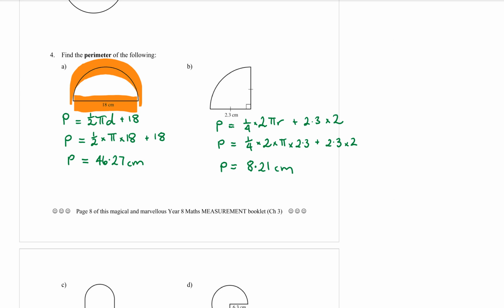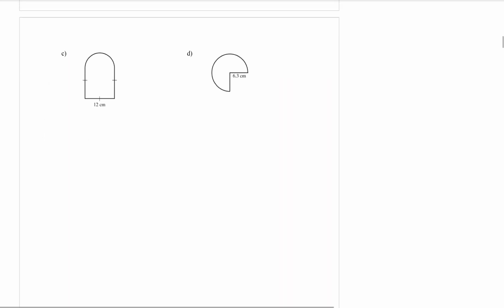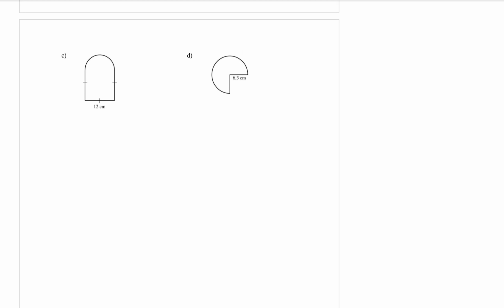Okay, there's a few more of these on the next page. To find the perimeter for question C, I always like to start with the curved part of the shape. So here's my curve. That is half of a circle. So that means I'm going to have perimeter equals half times by, now, am I going to use the radius formula or the diameter formula?